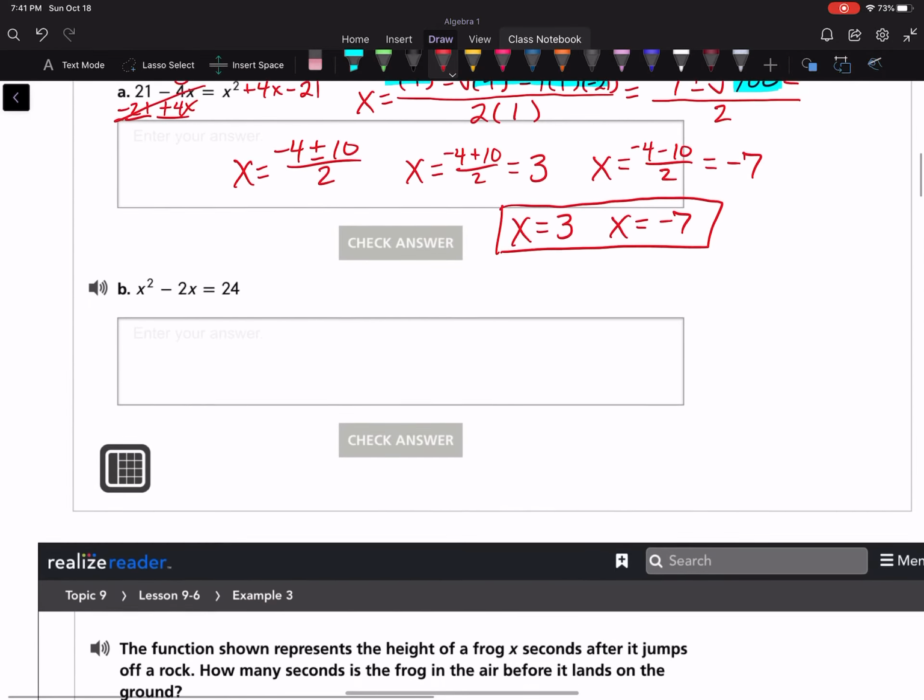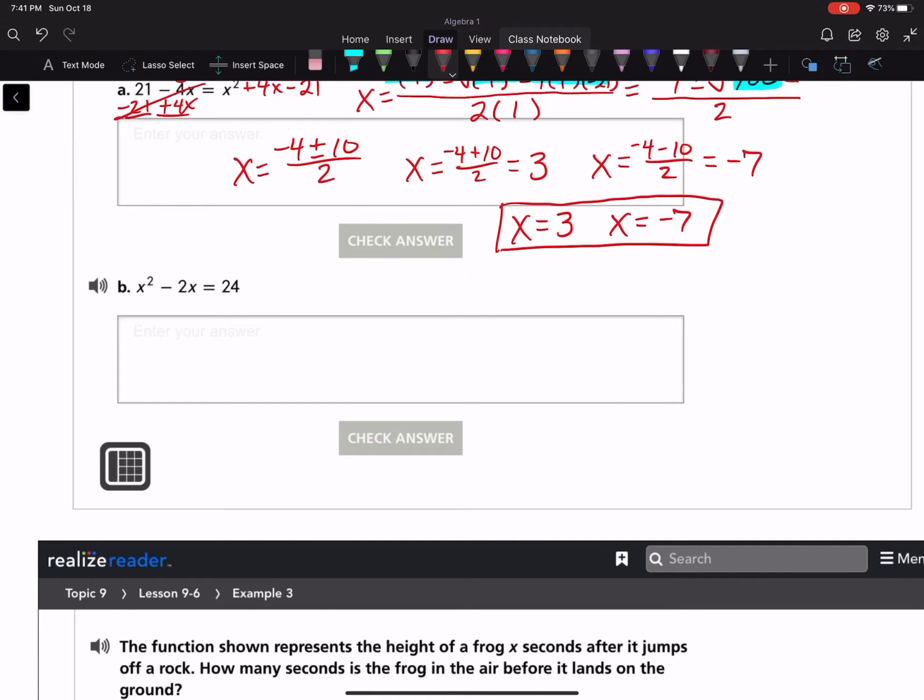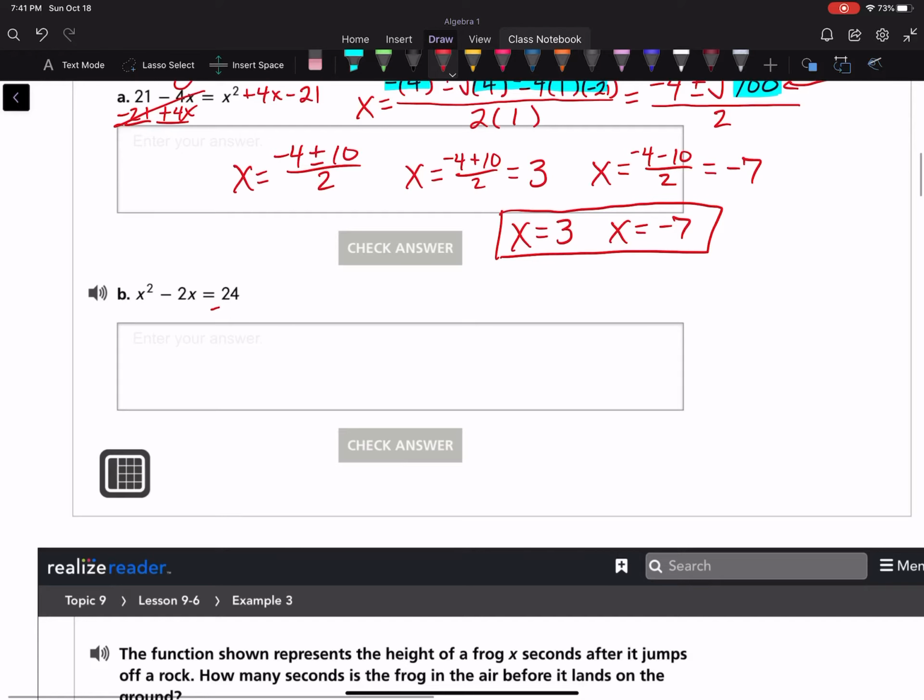All right, so let's do another one here. We just need to move our 24 over first. That will be x squared minus 2x minus 24 equals 0. And we plug it into our quadratic formula. So let me make some room.